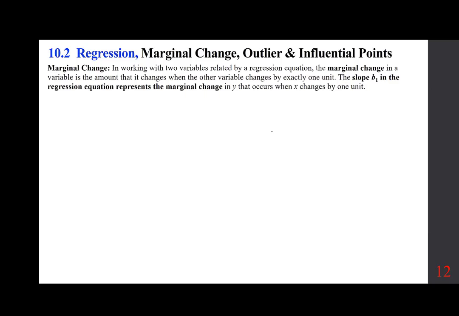Again, everybody remembers the concept y equals mx plus b. What is m? M is the slope. What was the definition of a slope in algebra? The average rate of change of y with respect to x. So that slope is referred to as marginal change here. So y equals mx plus b.